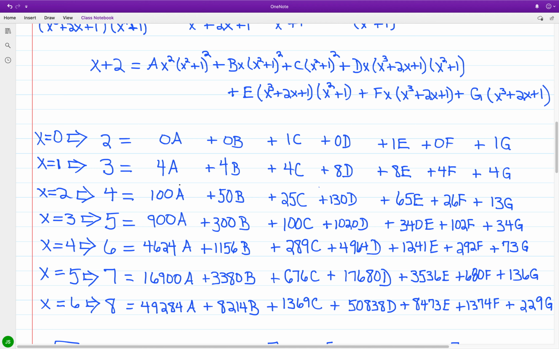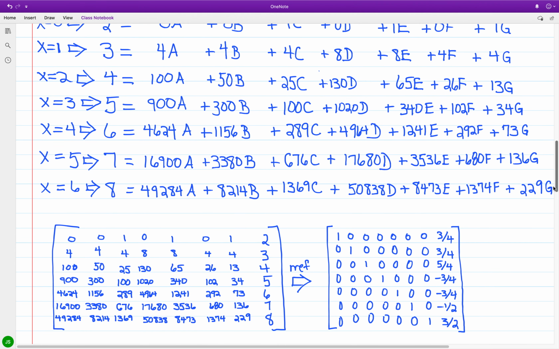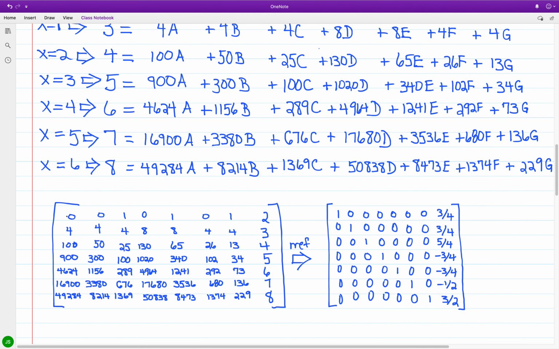So we have a very high number of coefficients, and again, plugging each of the x values from 0 to 6 into this set of equations, we're going to have 7 rows, 8 columns, with entries like 0, 0, 1, 0, 1, 0, 1 in reference to the coefficients from the a to g terms, and the rightmost column is what each equation is set equal to.